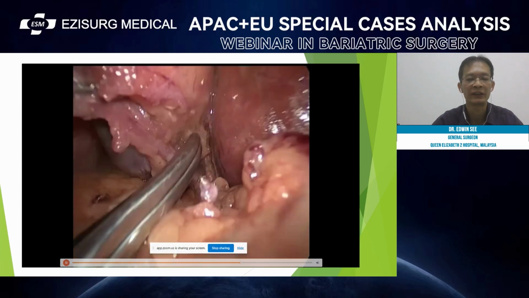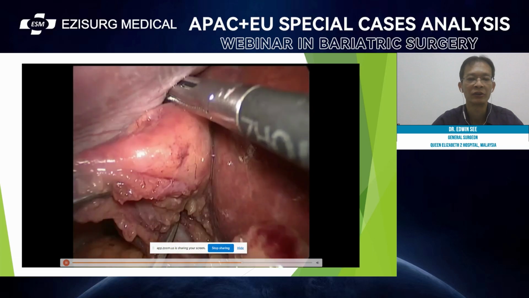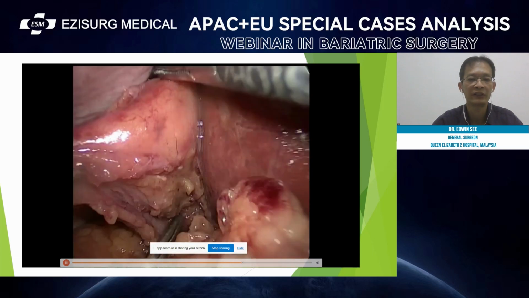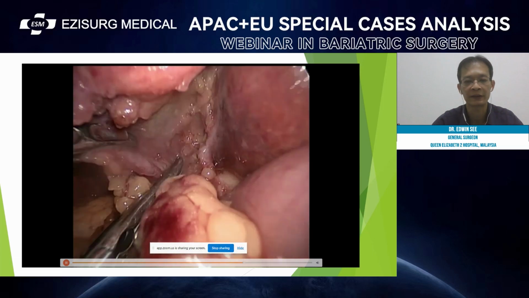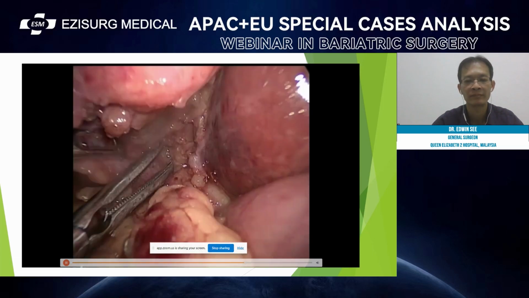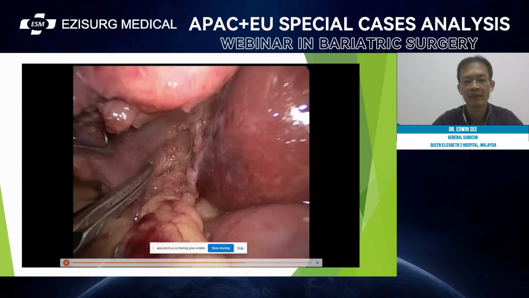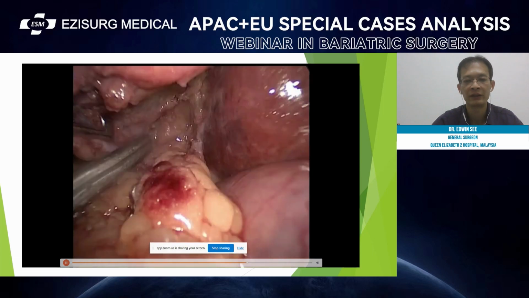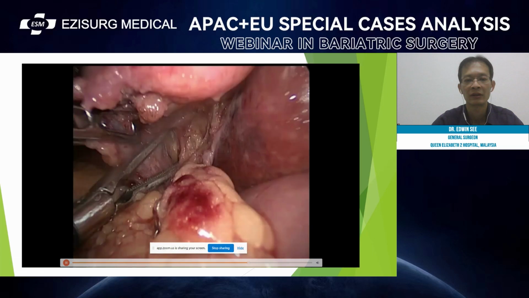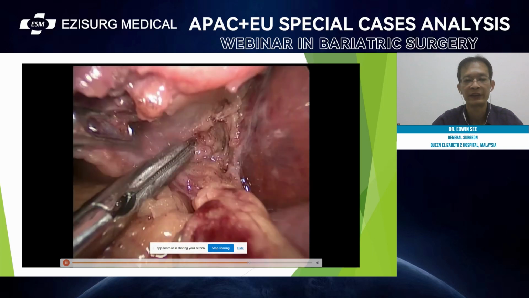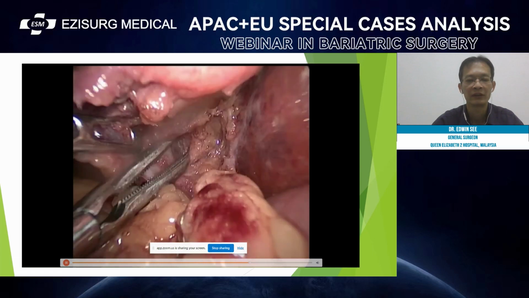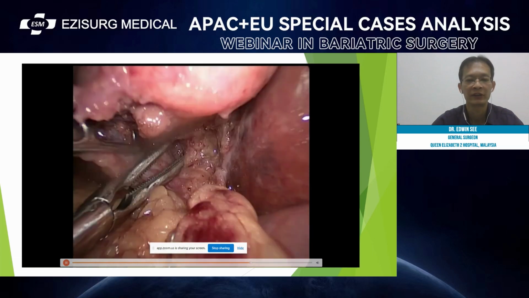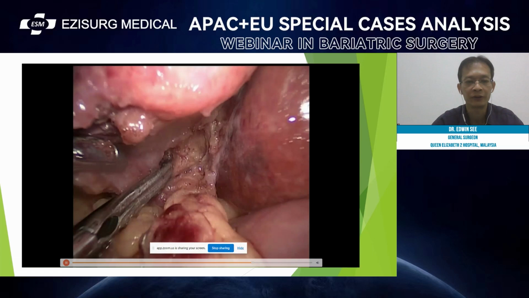As the window opening is small, I will continue to use the energy device to mobilize the gallbladder, and it's easier to mobilize here on the posterior aspect. Until the window at this hepatocystic triangle is much more obvious, and I can have a better critical view of safety.